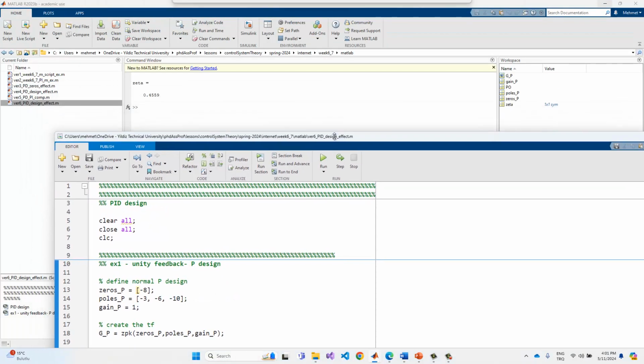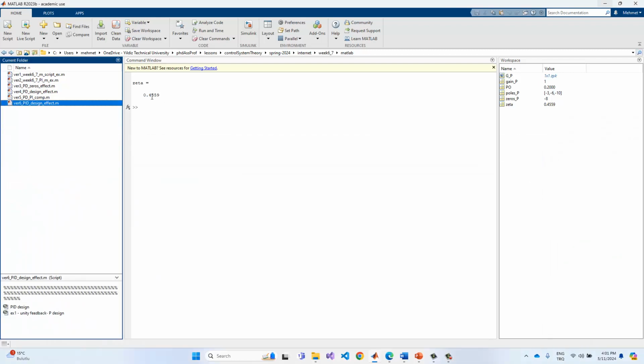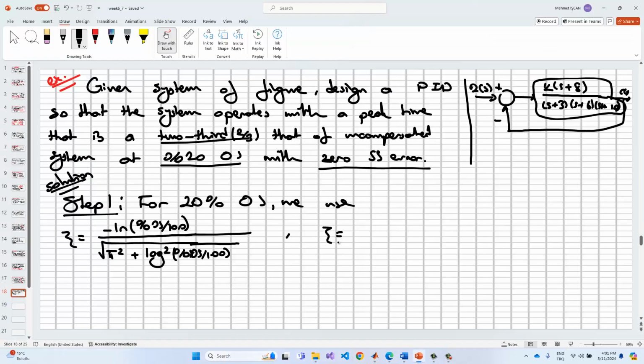Okay, and if I run this code, we have 0.4559, right? And so we need to write that in these terms, the zeta 0.456. Okay, we must use this thing in here.